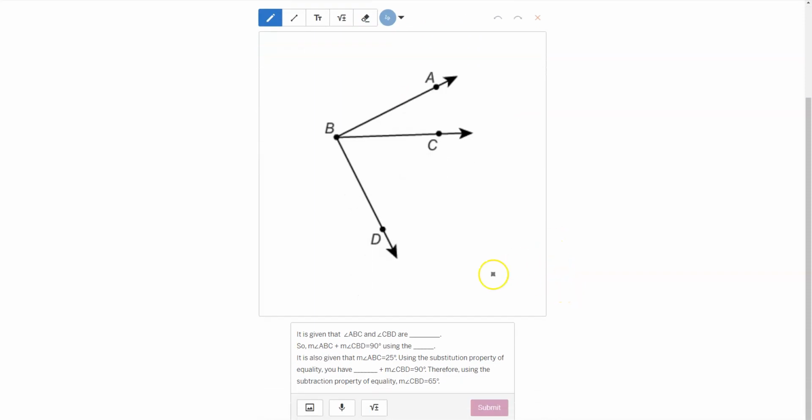Oh good, we have a box down here. It is given that angle ABC and angle CBD are, so let's find angle ABC and angle CBD. We notice that they are complementary angles. We'll go ahead and put that in the box.